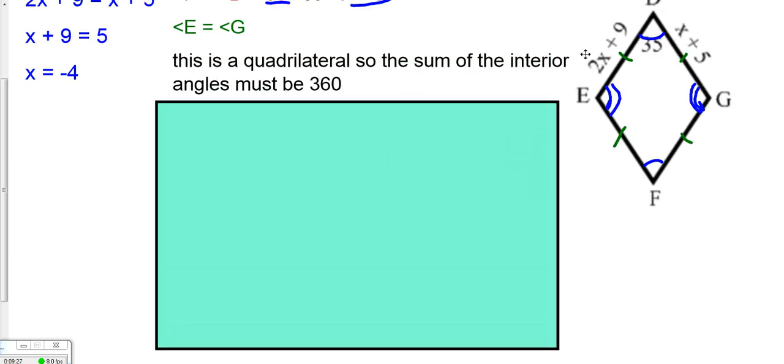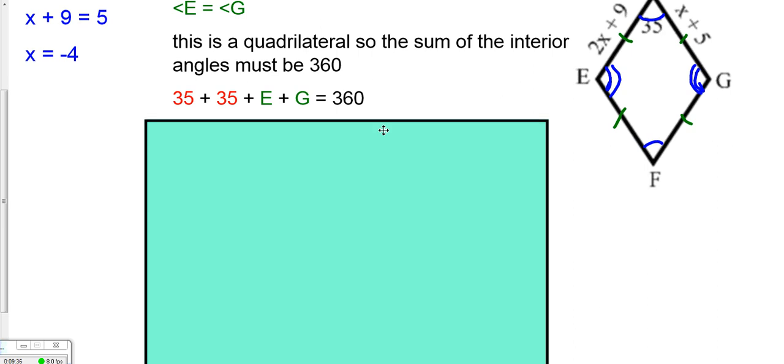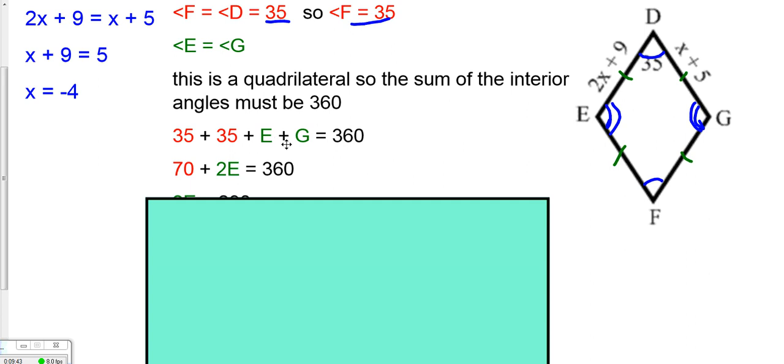This is a quadrilateral, so the sum of the interior has to equal 360. So 35 plus angle E plus angle G has to equal 360. 35 and 35 become 70. Again, substituting in angle E for angle G here, E plus E would be 2E. So 2 angle E's plus 70 degrees is 360 degrees.